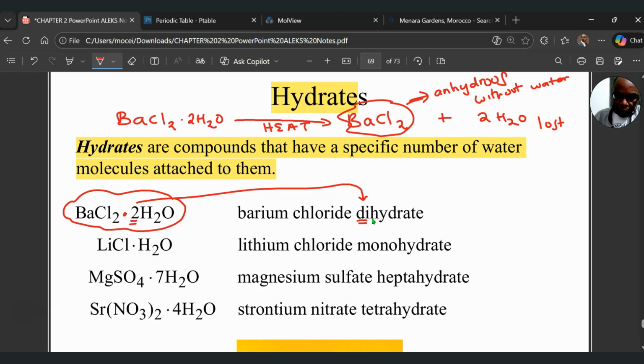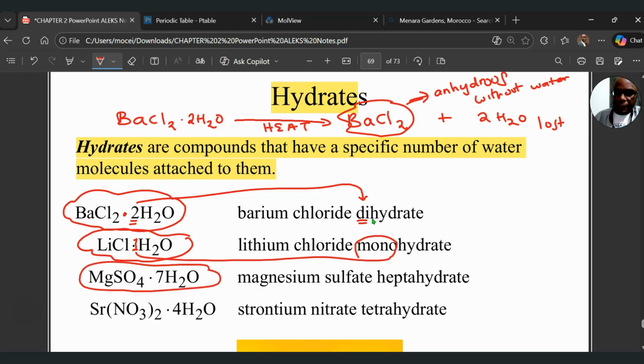We have another hydrate here, lithium chloride monohydrate. There's only one water. The one is implied, so we say mono. And then you have magnesium sulfate with 7, that is heptahydrate. So magnesium sulfate heptahydrate.